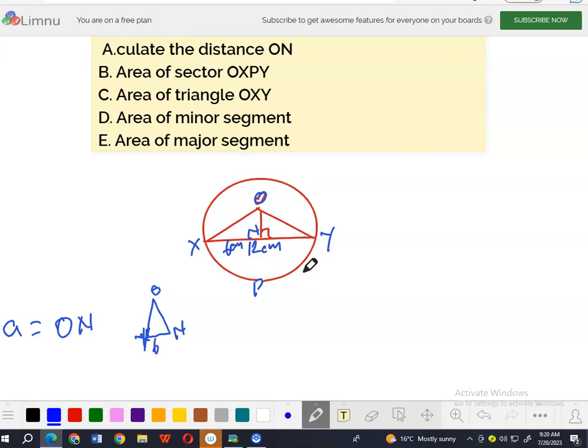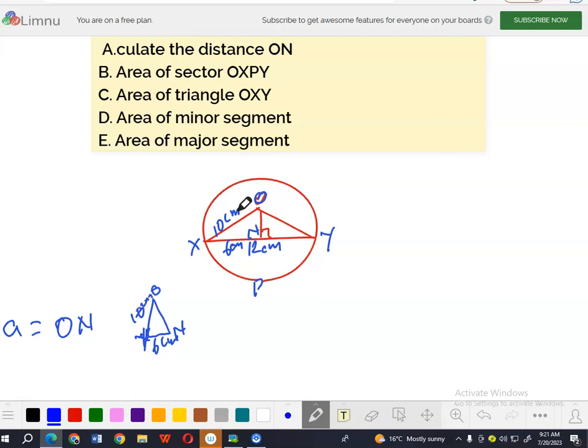So what you have here is 6 centimeter. And then this length from O to X is 10 centimeter.